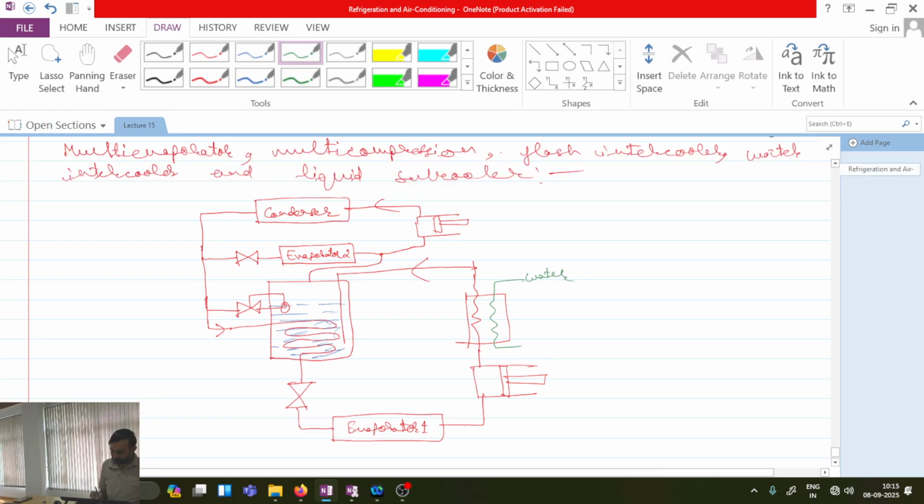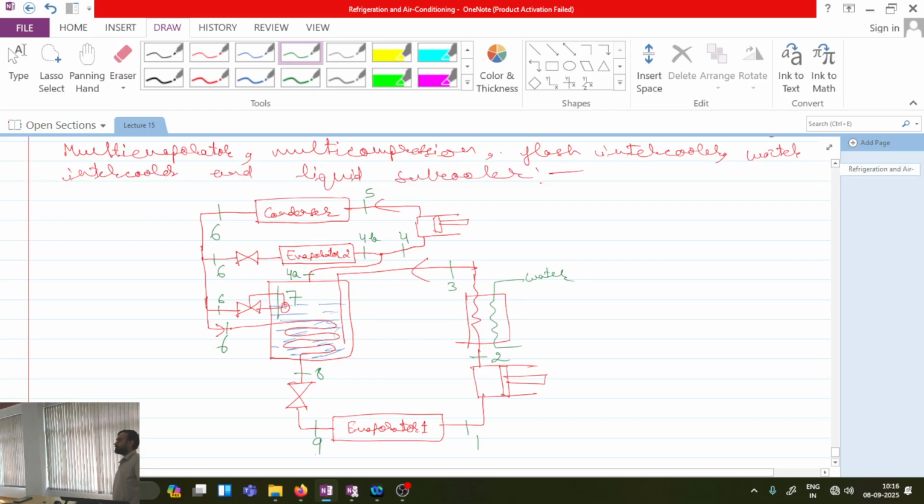Please tell me. State 1, state 2, 3, 4A, 4B, let's say mixing forms state 4, then state 5, 6, here also it will be 6, everywhere it will be 6, here it will be 7, here it will be 8, and here it will be 9.